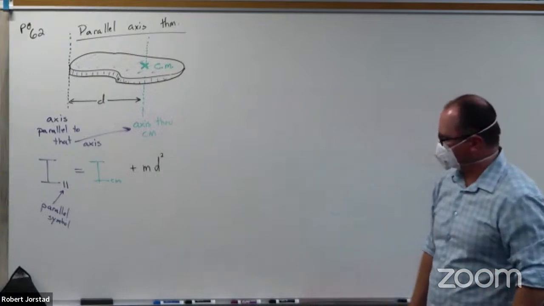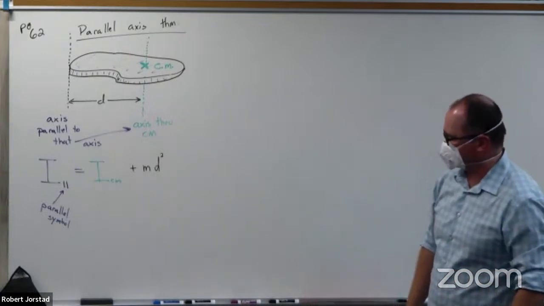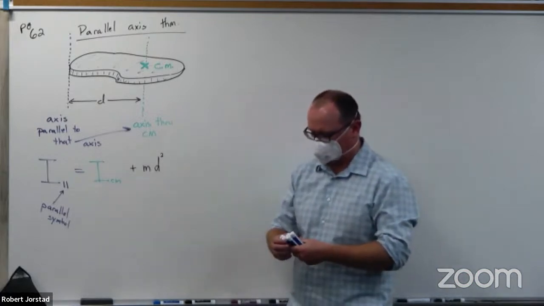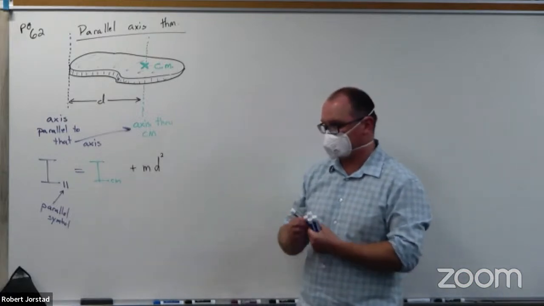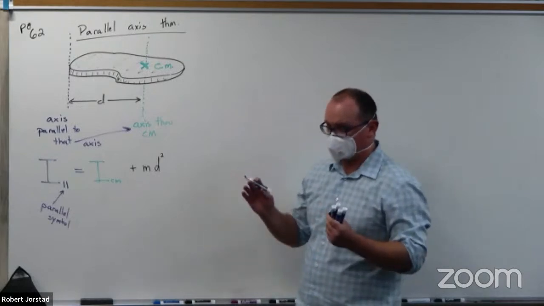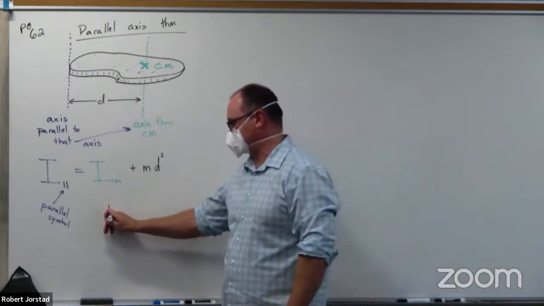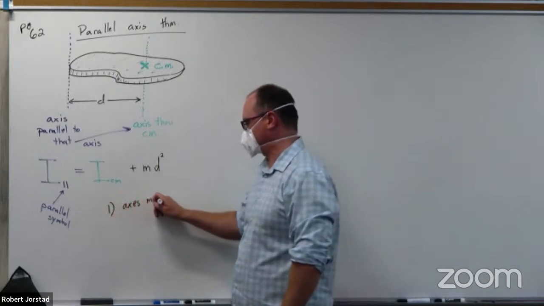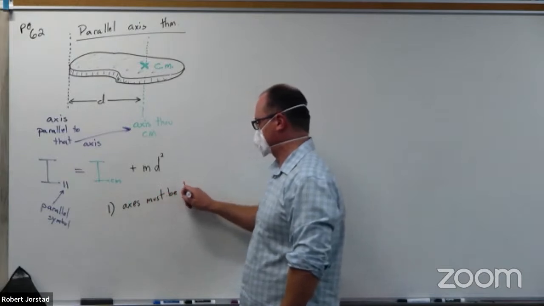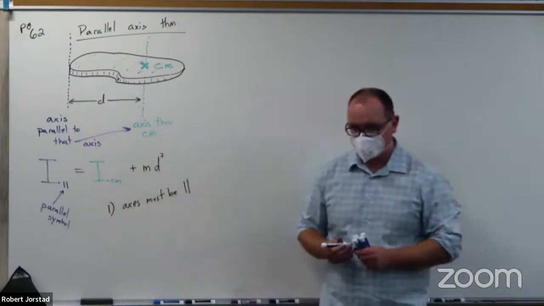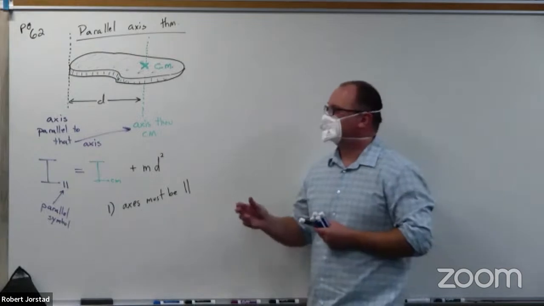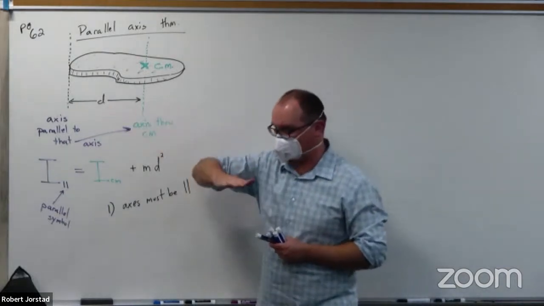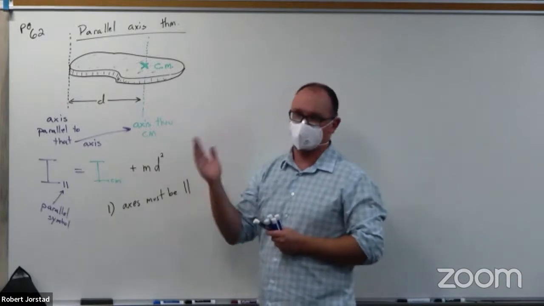Students are notorious about getting this wrong for two reasons, and they seem so obvious at first, they don't even seem worth mentioning. But I want to point out, this will only work under two conditions. One, the axes must be parallel. You might be saying, how could I ever screw that up? You might grab the wrong number out of the table with the wrong axis orientation, and then the axes wouldn't be parallel.